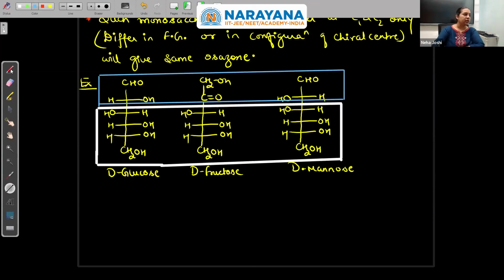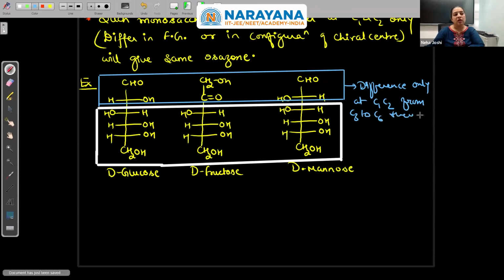Is that appropriately marked? And a difference only at C1, C2. From C3 to C6, they are identical.